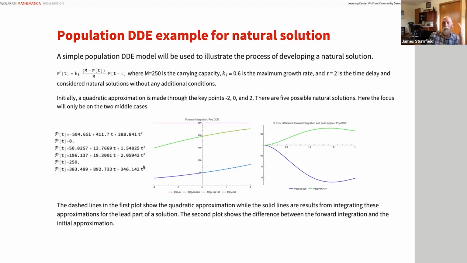Any variation it ends up with is variation caused by the data we're trying to fit, or by the conditions we have forced onto the natural solution. So it will always be a solution to the DDE.